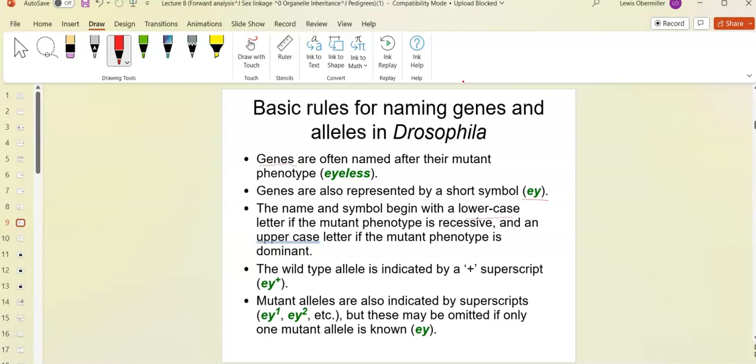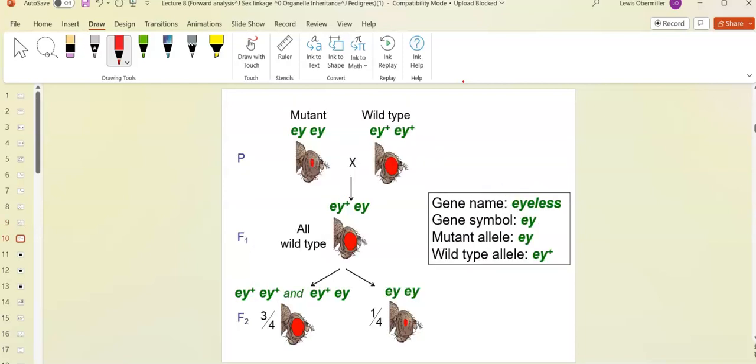Generally they use the lowercase if there's only one mutant allele, and in this case they would add a plus to show it's wild type, like just what we showed. And if there's more than one allele, then they would use a superscript, say 1, 2, 3, and so on.